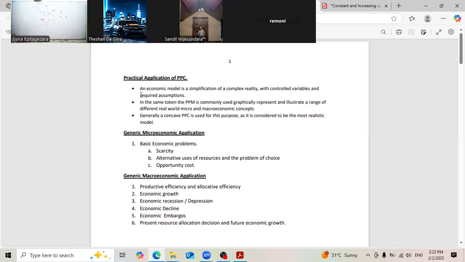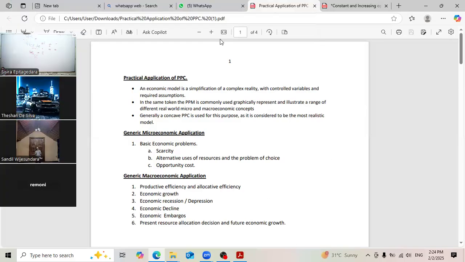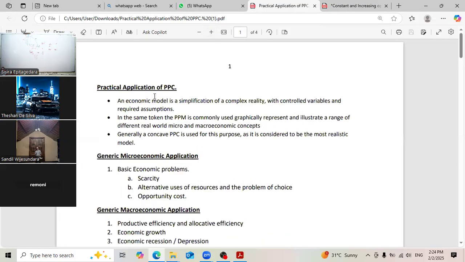Can you read this point? First one, an economic model. PPC is one of the economic models. An economic model is a simplification of a complex reality. If you can highlight it, Lamai.